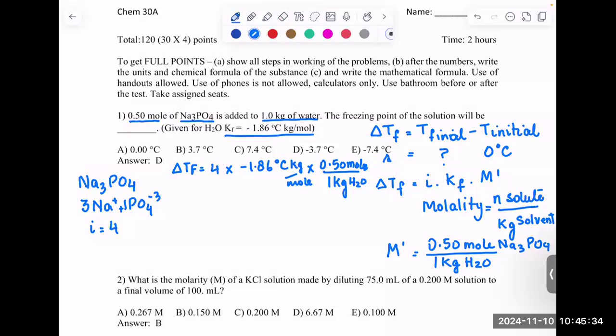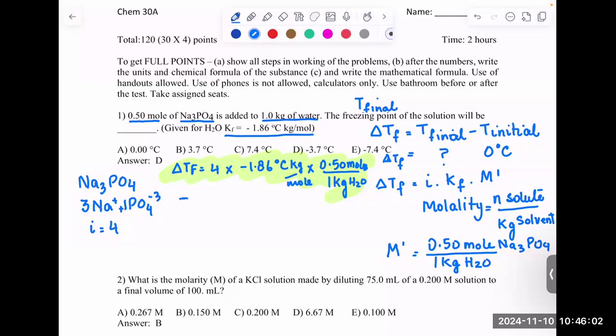That is delta Tf. So in this case, using this formula, you are going to find the value of the change in temperature. I'm not going to do all these problems, but I'm just going to walk you through the thought process. We need to find the freezing point of the solution. That means they're asking you to find the T final. What is the final temperature?